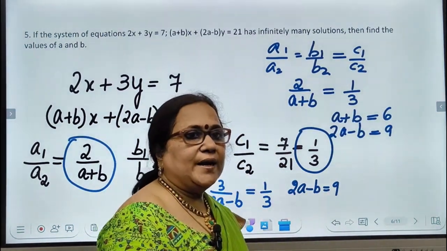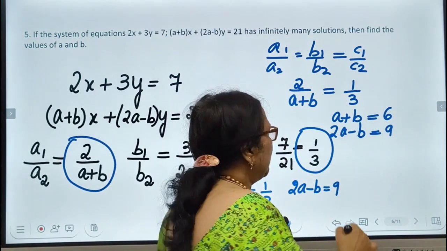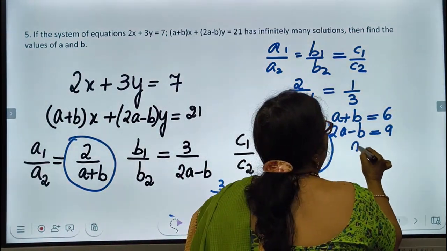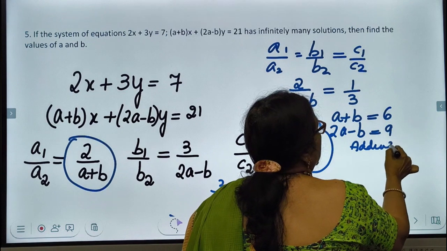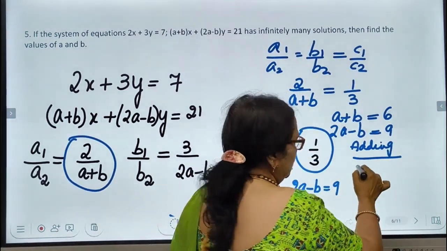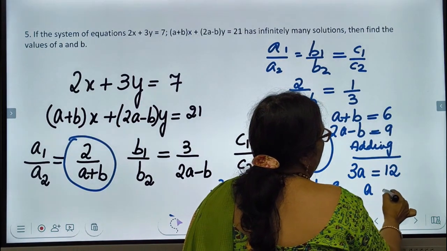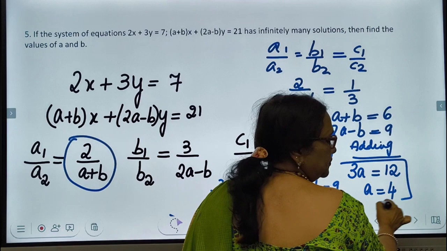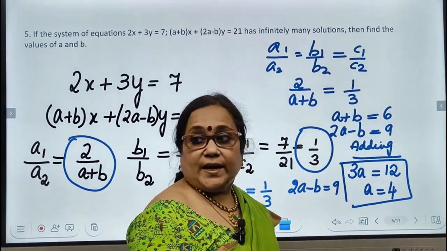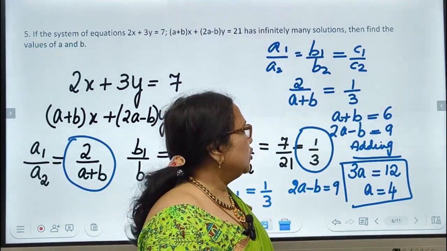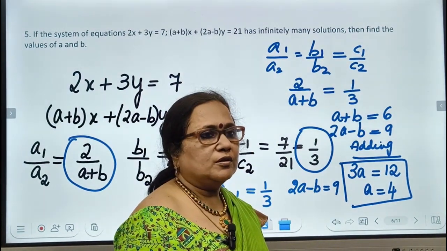Okay, now I'm going to add both the equations. 3a equal to 12. So a equal to 4. Are you able to follow?